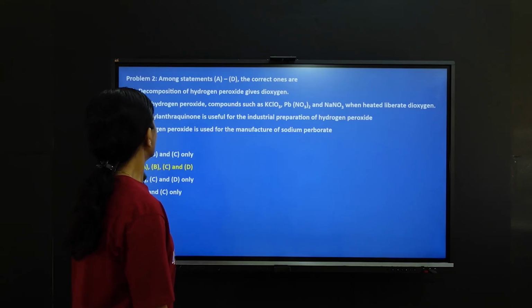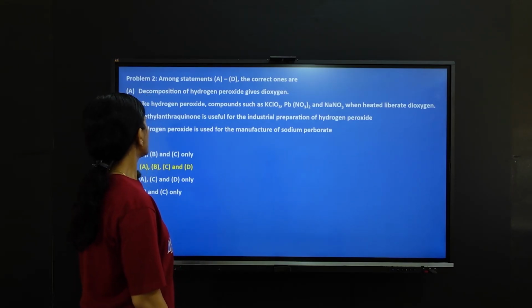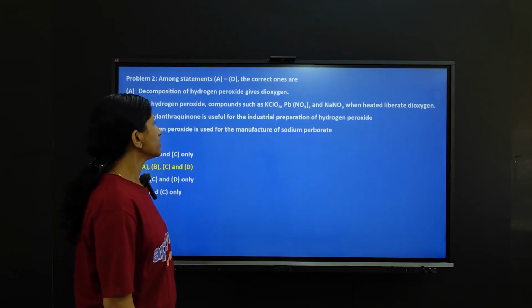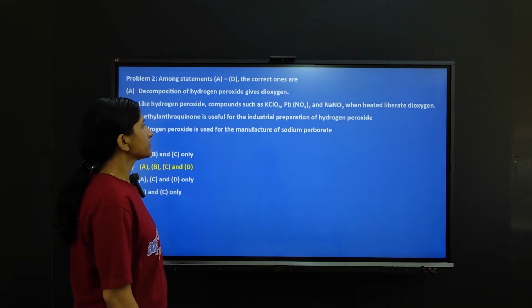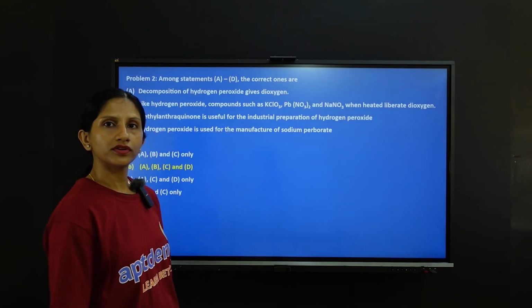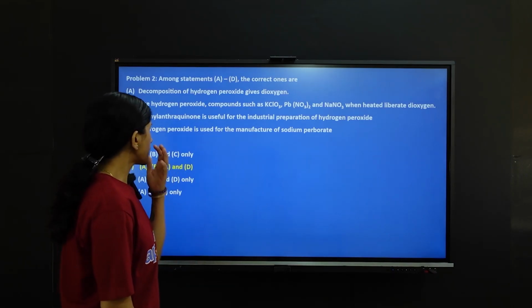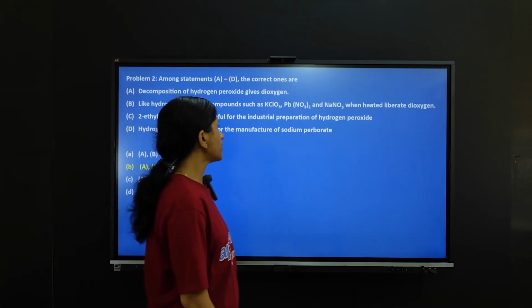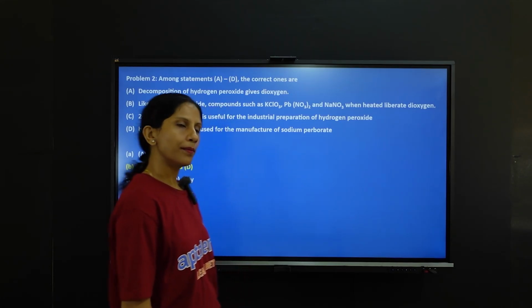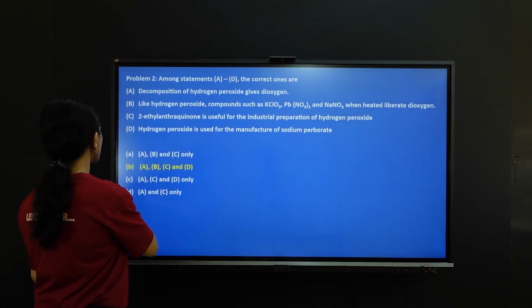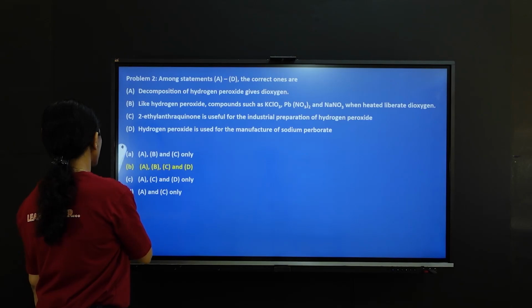Statement C is saying 2-ethyl anthraquinone is useful for the industrial preparation of hydrogen peroxide. And statement D is saying hydrogen peroxide is used for the manufacture of sodium perborate. Some options are given, we have to check which one is the correct option.